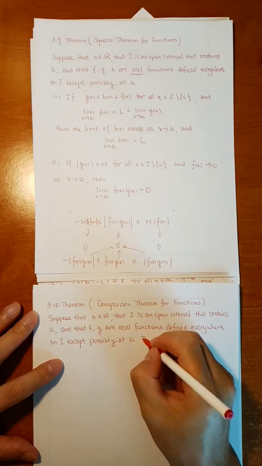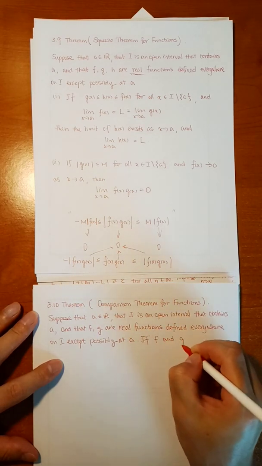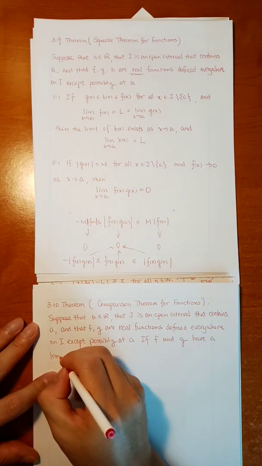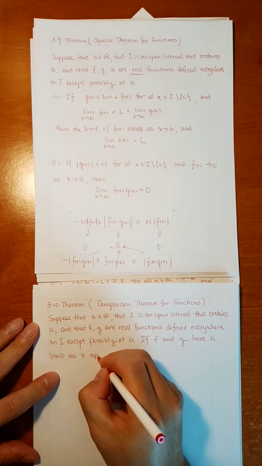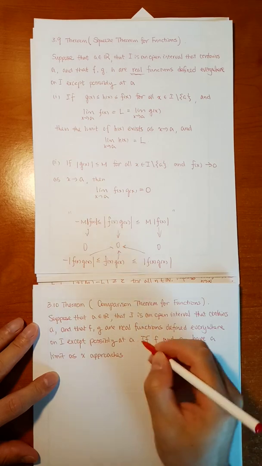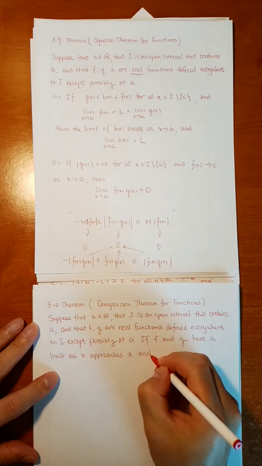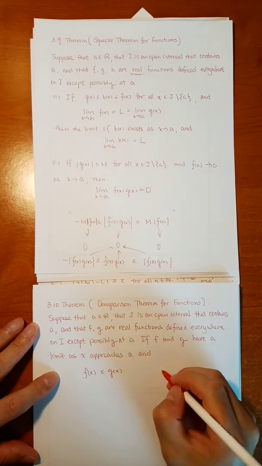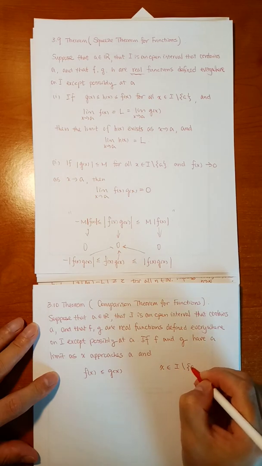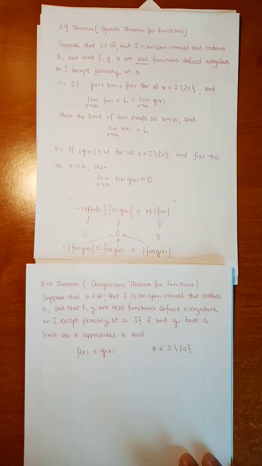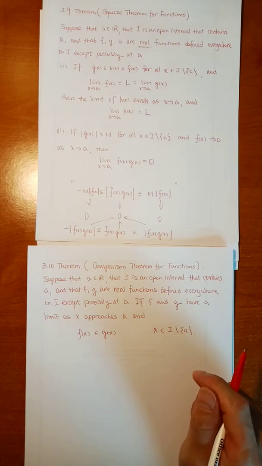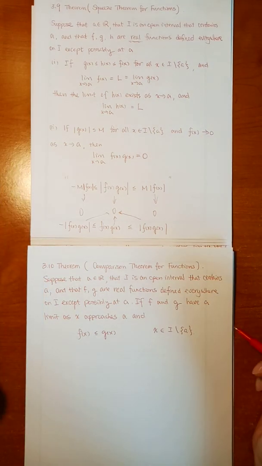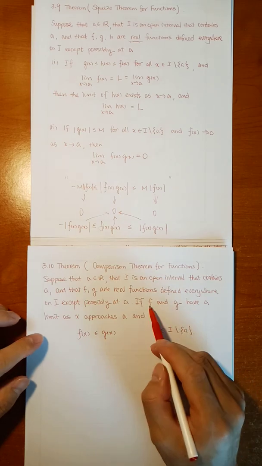Okay. So if f and g have a limit as x approaches a, and f(x) is less than or equal to g(x) for all x in the open interval I, but possibly not at a. So here f and g have a limit.